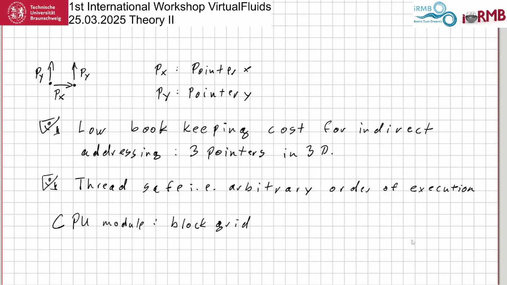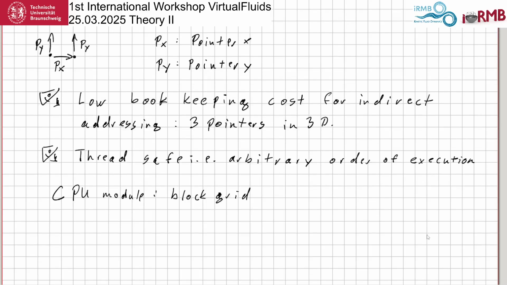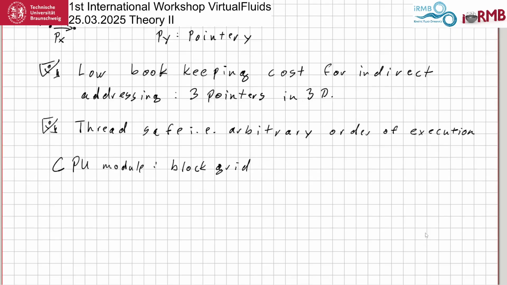So you anyway always have something to copy in between. But inside you can still use this, and we're using something similar, that's not exactly the same, called the esoteric split.